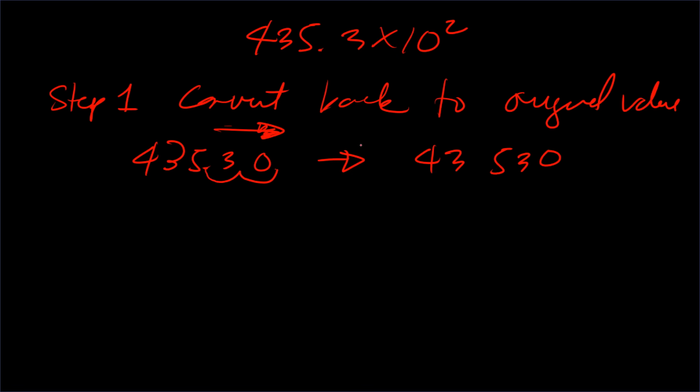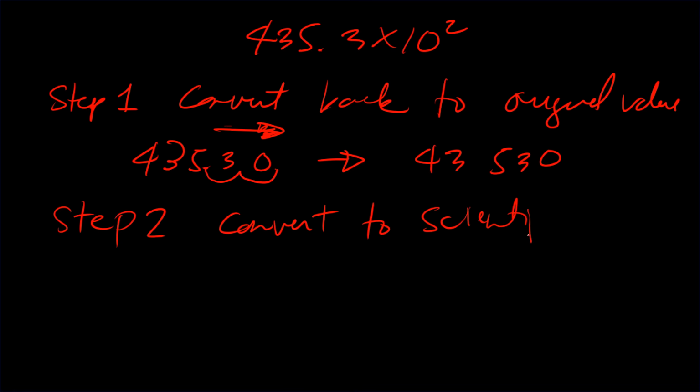Now, to write this back in scientific notation, just do the steps I showed you a while ago. So convert to scientific notation. Apply how we convert to scientific notation.